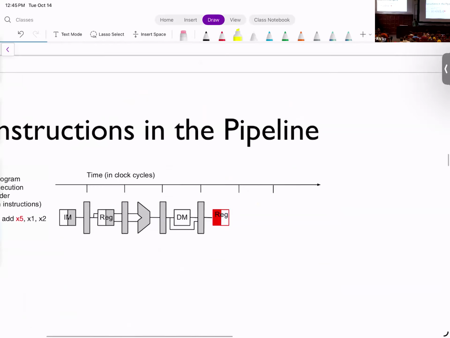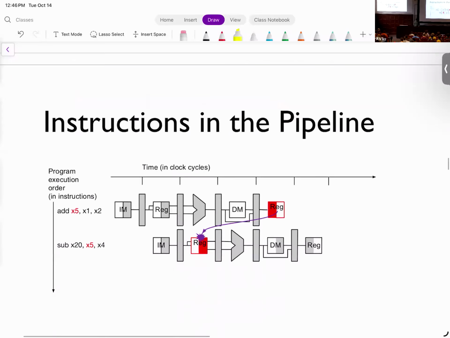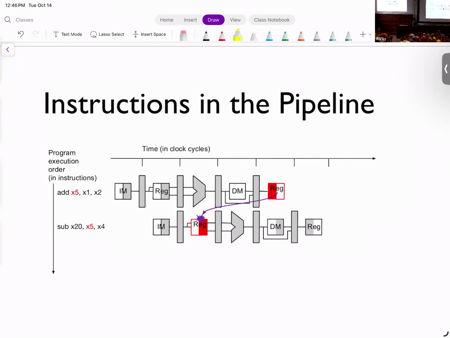Okay, so if you look into the timeline for this particular case where x5 is the destination register, the write happens at the first half of cycle 5, right? But now if I put sub, in order to feed the pipeline, if sub comes exactly after add, the time that we need to read the register x5 is here.